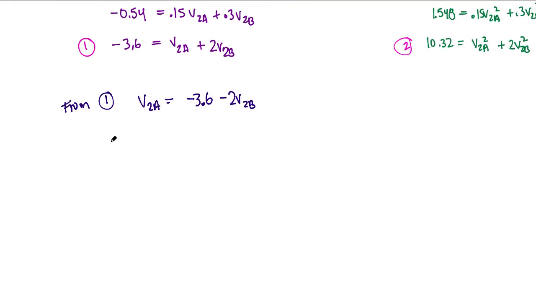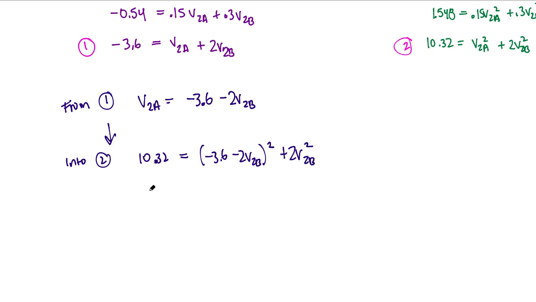I'm going to plug this into equation 2. And what I get is 10.32 equals negative 3.6 minus 2 V2B squared plus 2 V2B squared.